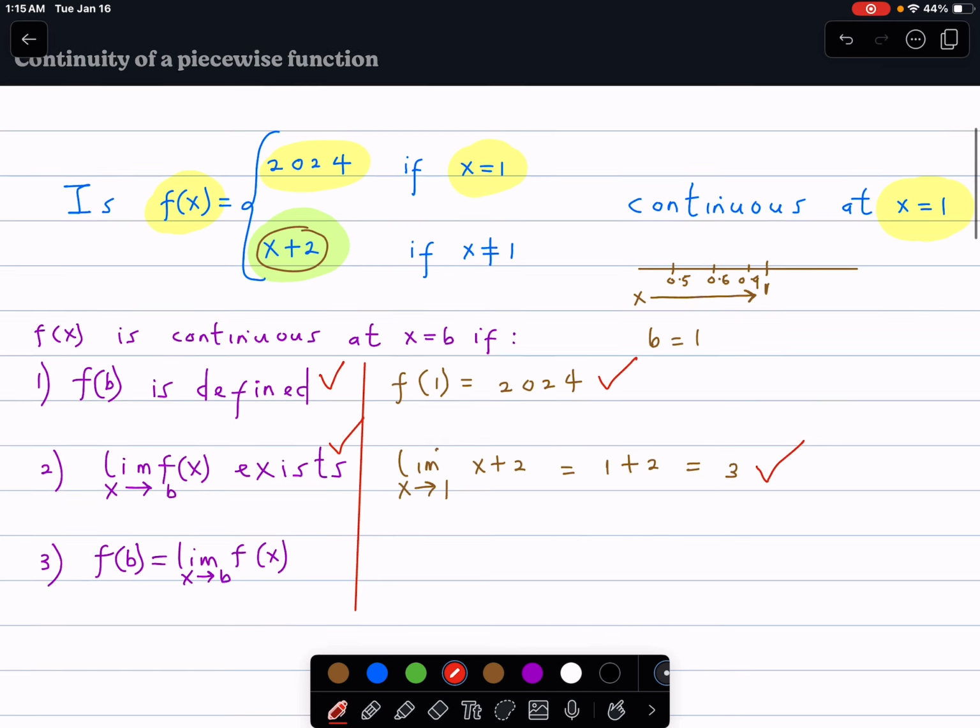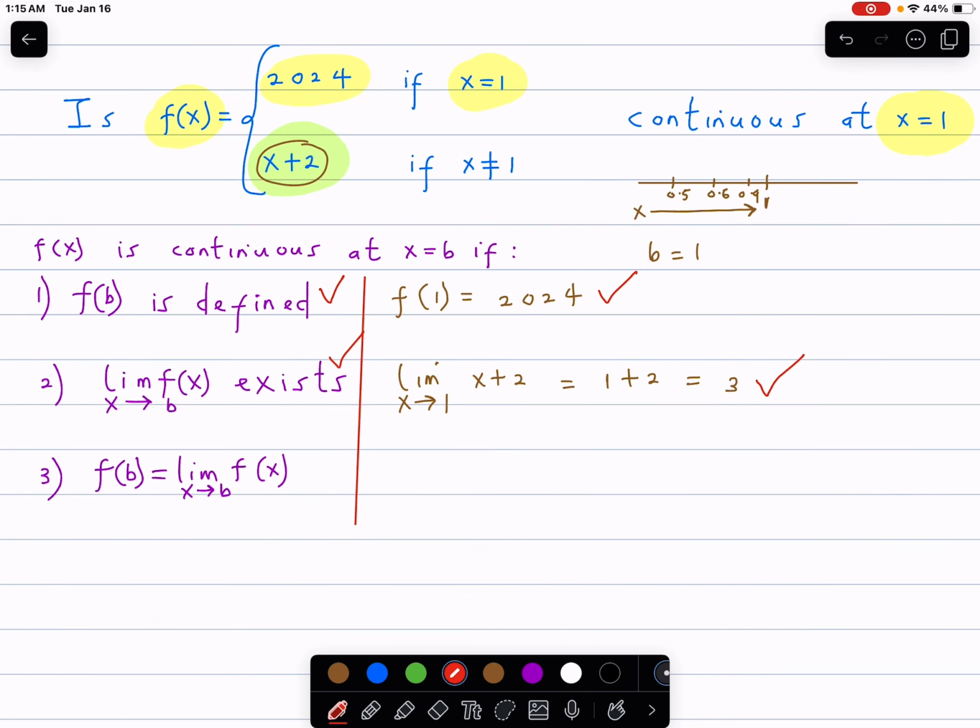Now condition 3 is telling me that what I get from 1 must be equal to what I get from 2. Now if you look at what I have here and what I have here, are they the same?